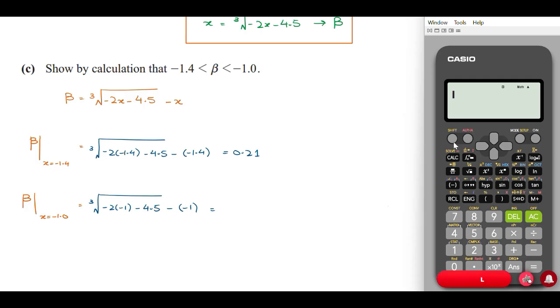Hold on a second, it's better to take the cube root. 2 times 1 is 2 minus 4.5, and outside it's just 1, giving negative 0.36.